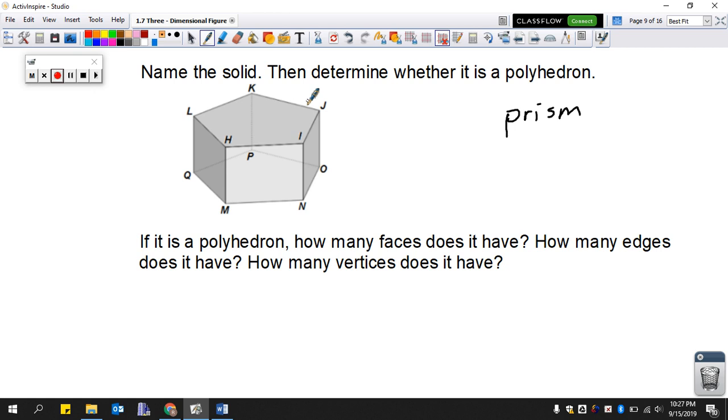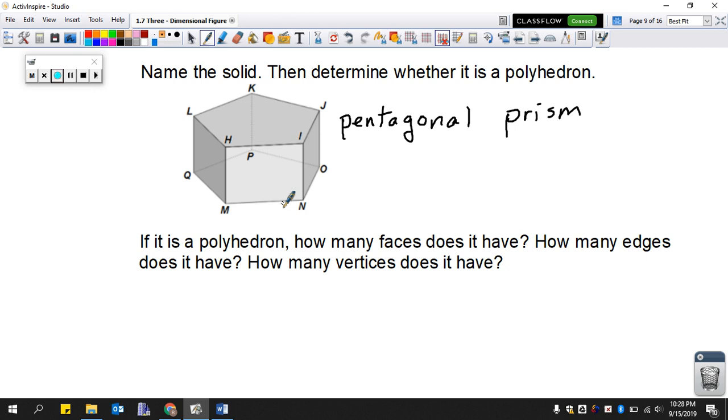All right. So it has 1, 2, 3, 4, 5. The face is a 5-sided figure, which is a pentagon. So this is a pentagonal prism.